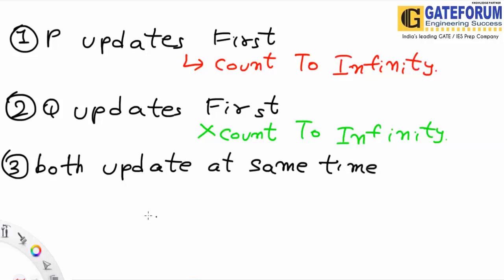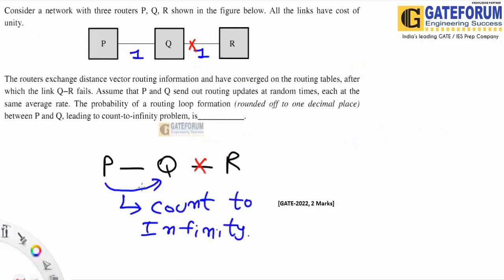Now in this particular case, if Q updates to P, there is no particular path to R. P updates to Q that there is a particular path to R. So Q will update this particular information via P. But eventually it will get to know that there is no particular path to R. P updated the path to R as infinity via Q, and Q updated the path to R as 2 via P, or 3 via P. But eventually, P will tell in the next round that there is no particular path.